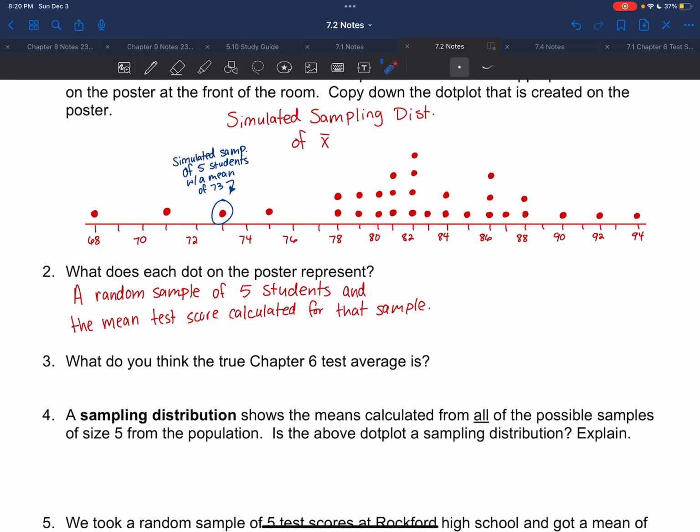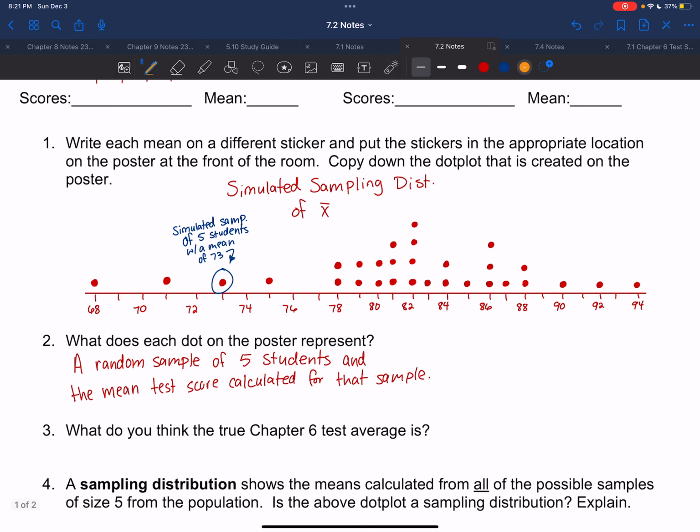If you're dealing with populations with individuals in the thousands or tens of thousands, it would be near impossible to actually capture all of that information. So this sampling distribution can help us estimate that, all right? So if I'm looking at this distribution, I might say it's somewhere around 81 or 82, something like that. Might think it's about 82, let's say. So maybe about right here.